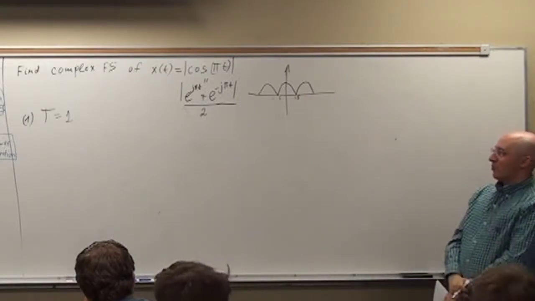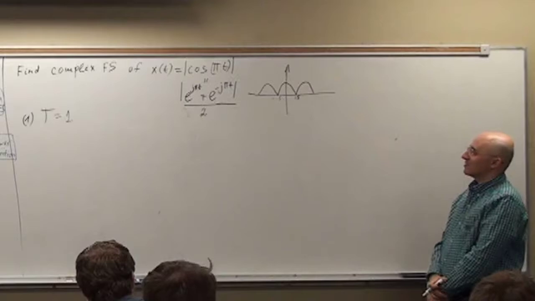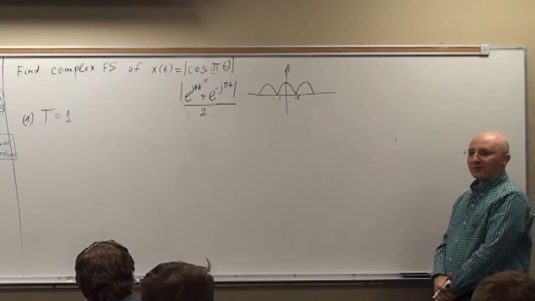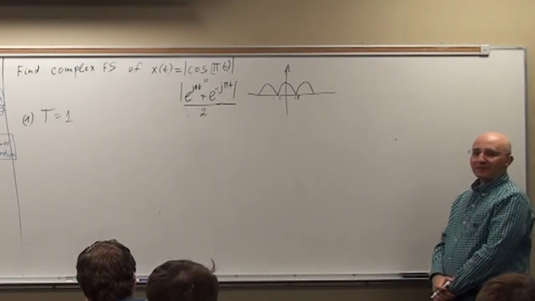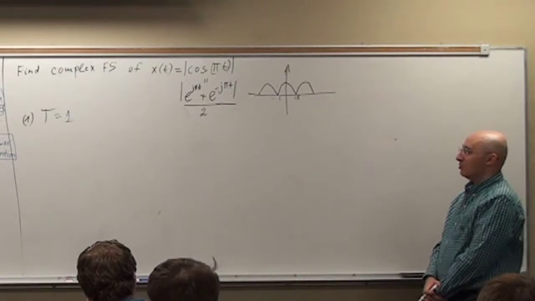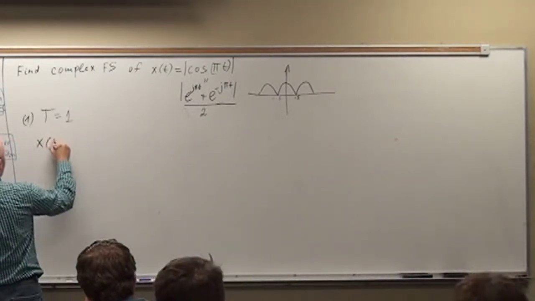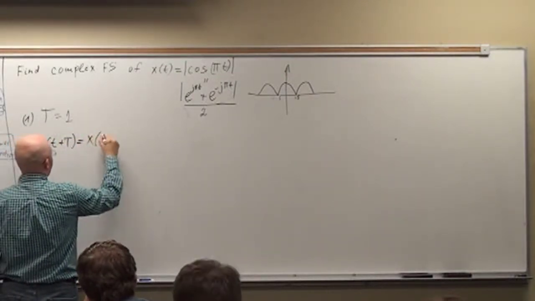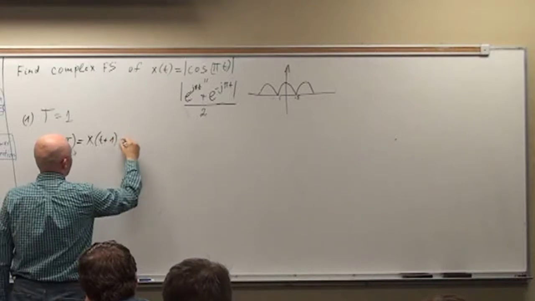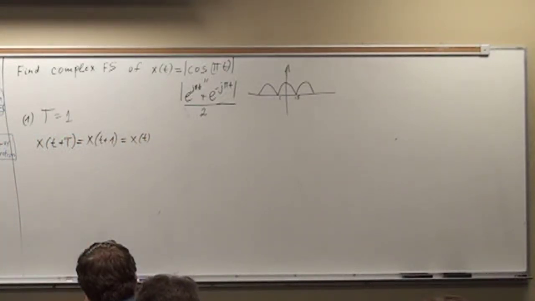Now, is it proof that this is how it should be? How do you know that this is correct? I mean, this was a guess, basically. You need to prove it. And the proof will be that x of t plus T, which is x of t plus 1, equals x of t. That's what you want to prove, right? Then you prove periodicity.